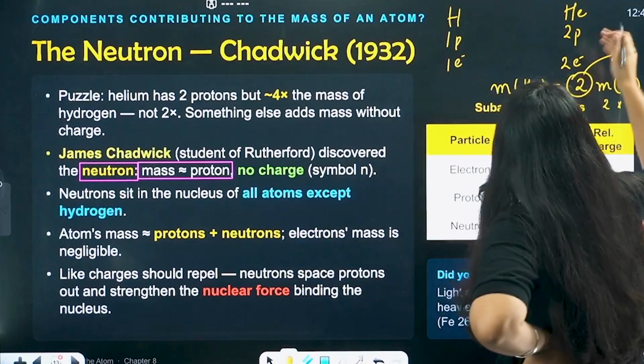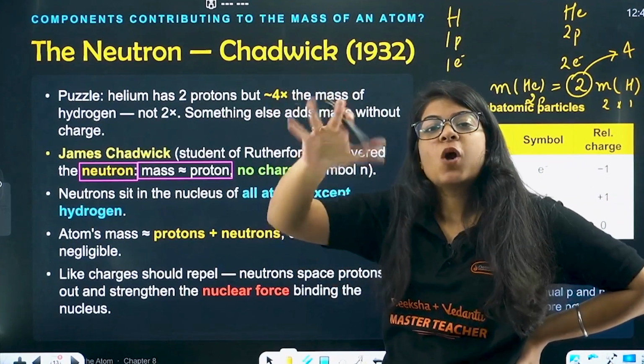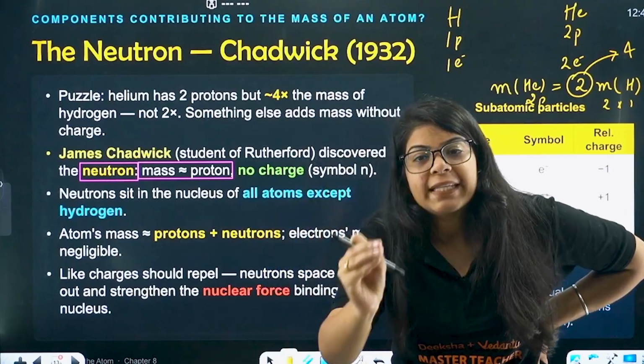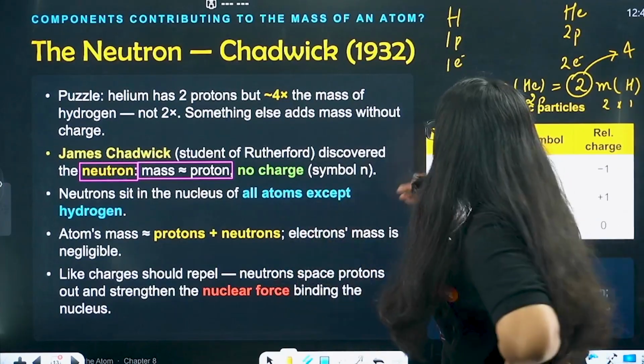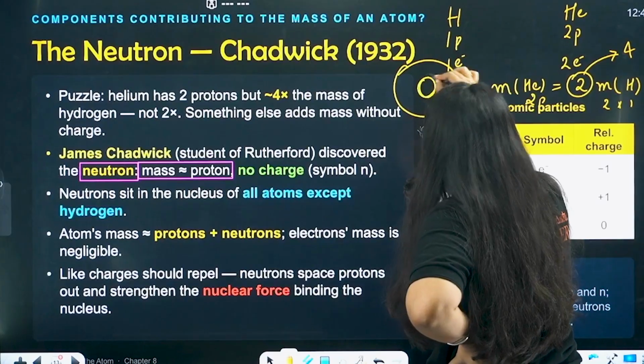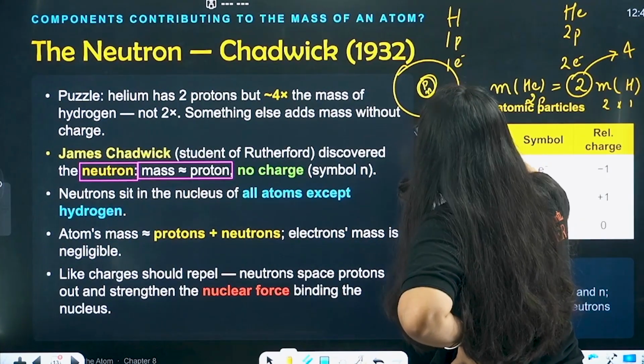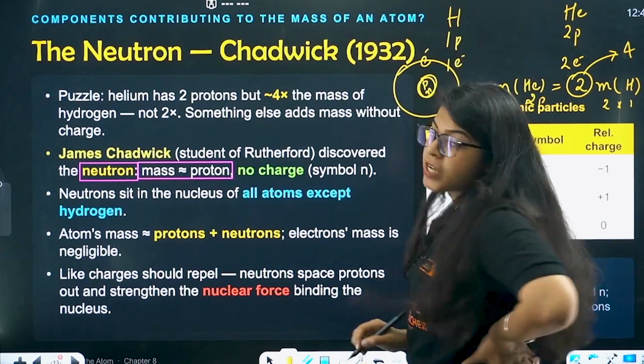So it is giving mass to an atom, but it is not giving any charge to the atom, right? So inside the atom, now we have a nucleus where we have protons as well as neutrons. And outside, electrons are revolving, right?